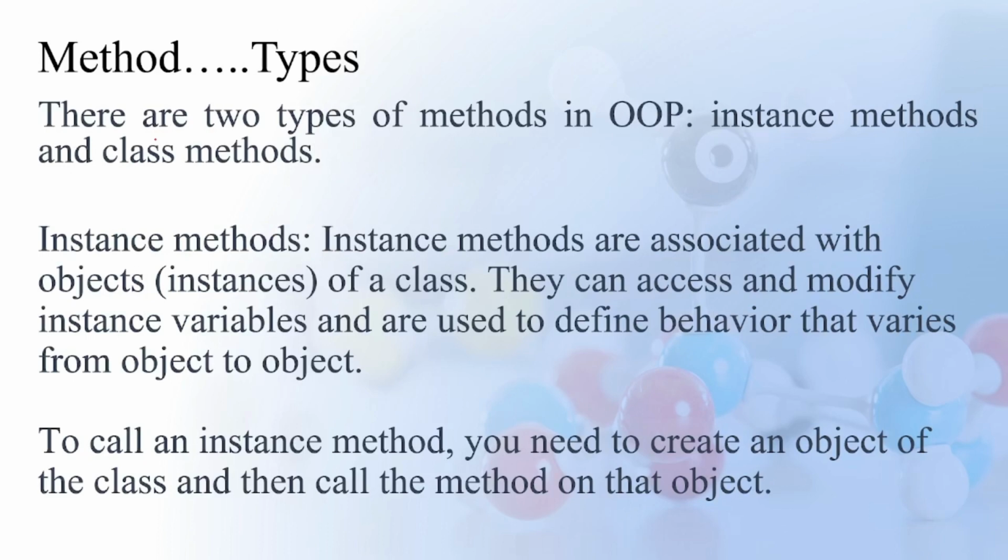So two types: instance methods and class methods. Instance methods are associated with an object of a class, an instance of a class, and they can access and modify instance variables and are used to define behavior that varies from object to object.